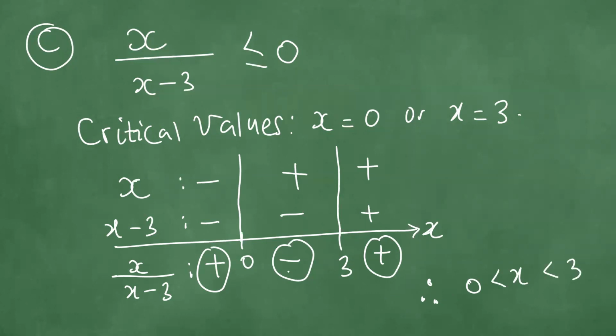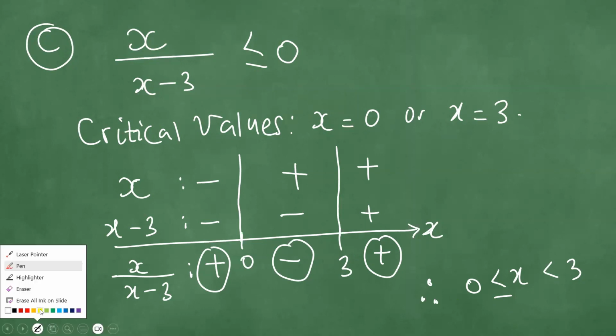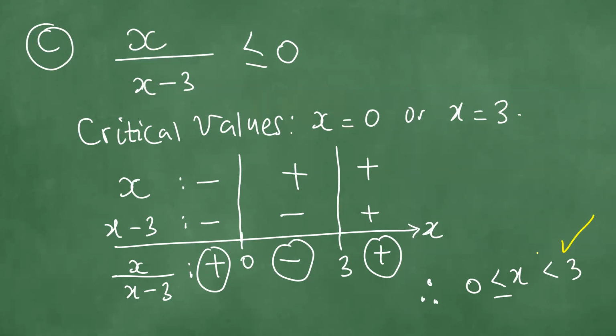But because of this inclusion here, we're going to include 0. But we most certainly agree that 3 itself is not included. Why? Because in mathematics, we do not allow division by 0. So this becomes the final answer to the problem, and we are done there.